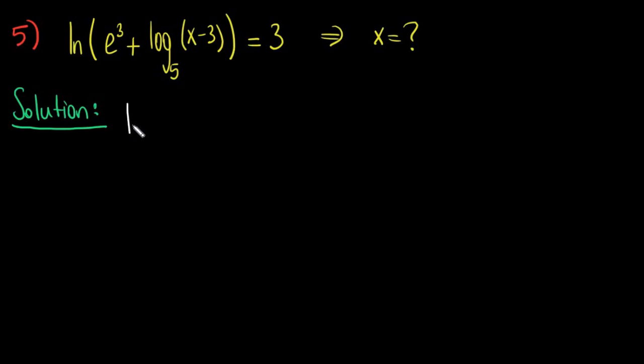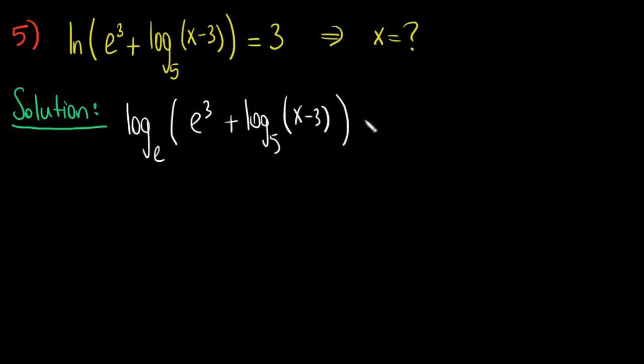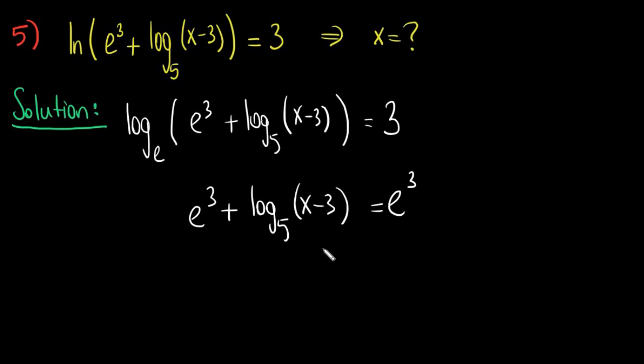So we can write this as log base e of (e cubed) plus log base 5 of (x minus 3) is equal to 3. So here, e to the power of 3 is going to be equal to this expression. So that's going to be e cubed plus log base 5 of (x minus 3).